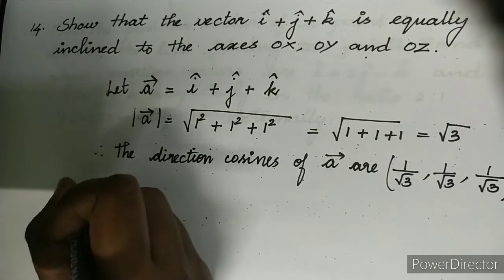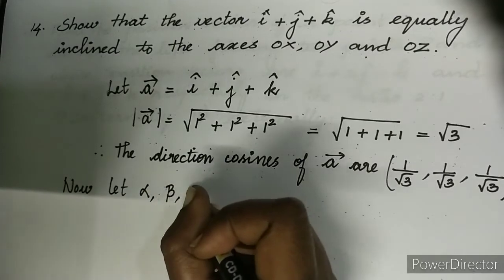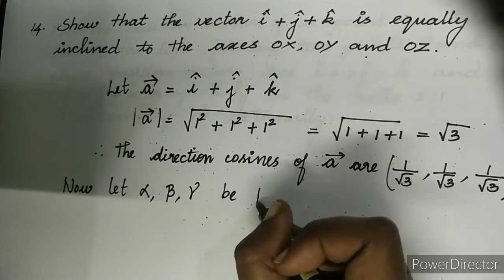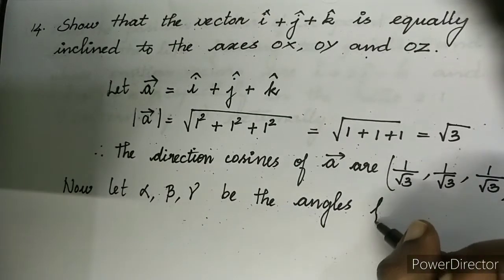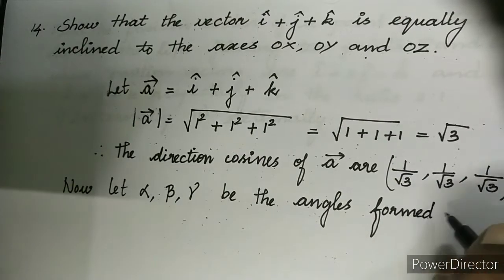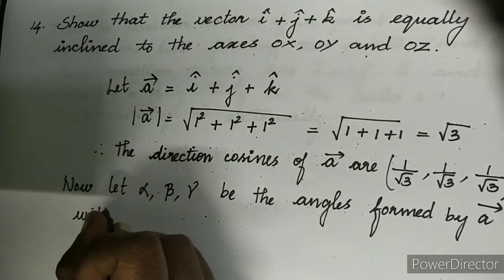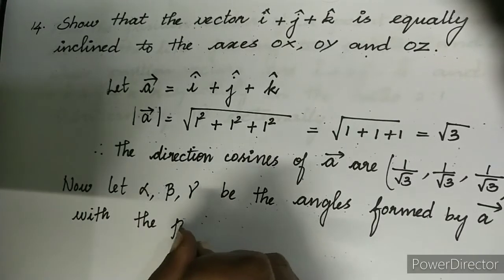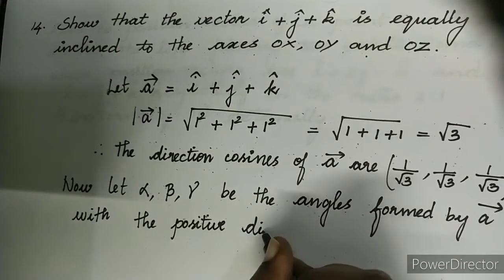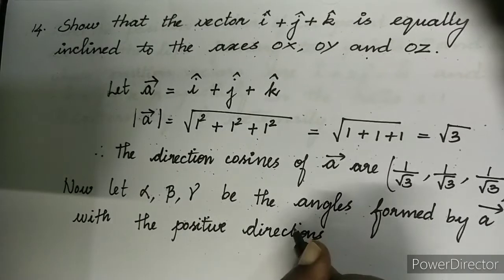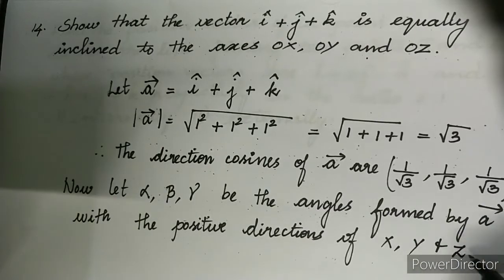Now, let alpha, beta and gamma be the angles formed by our A vector with the positive directions of x, y and z axis.